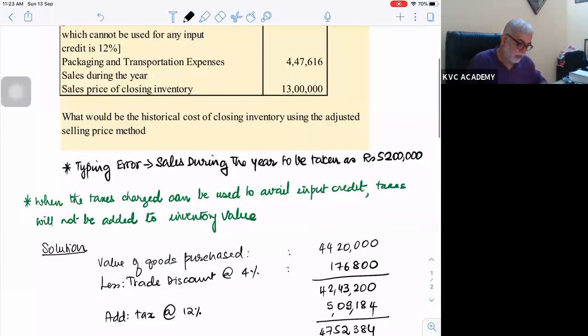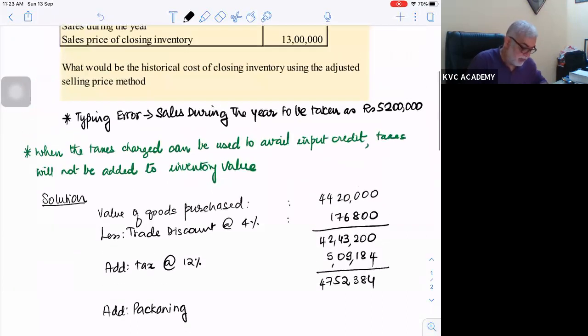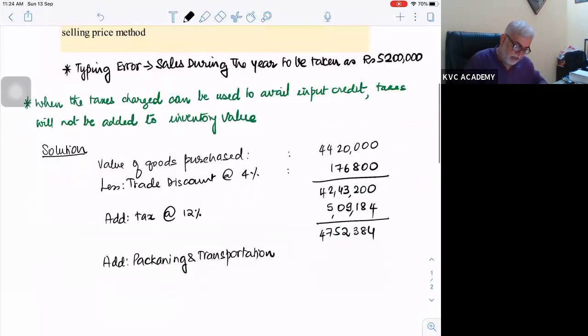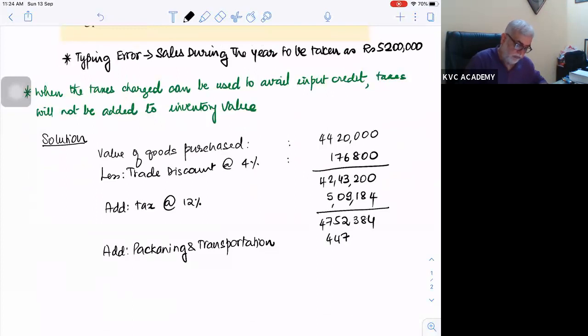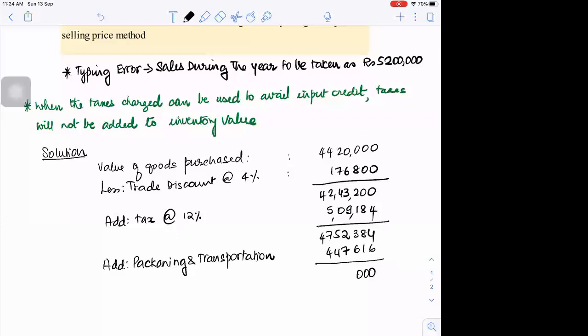To this, we will add the packaging because that helps to bring the goods to the present location. Packaging and transportation. That comes up to 52 lakh.